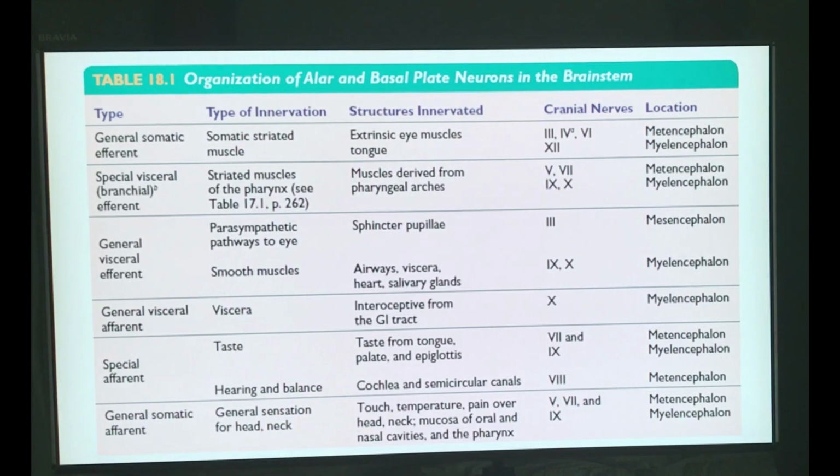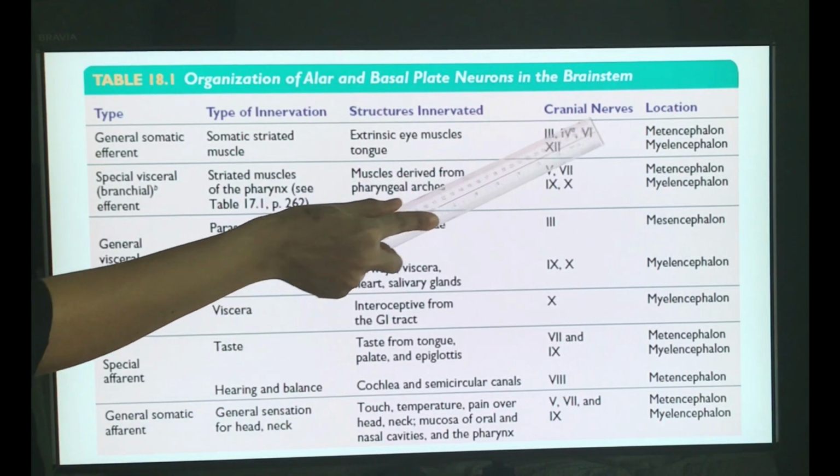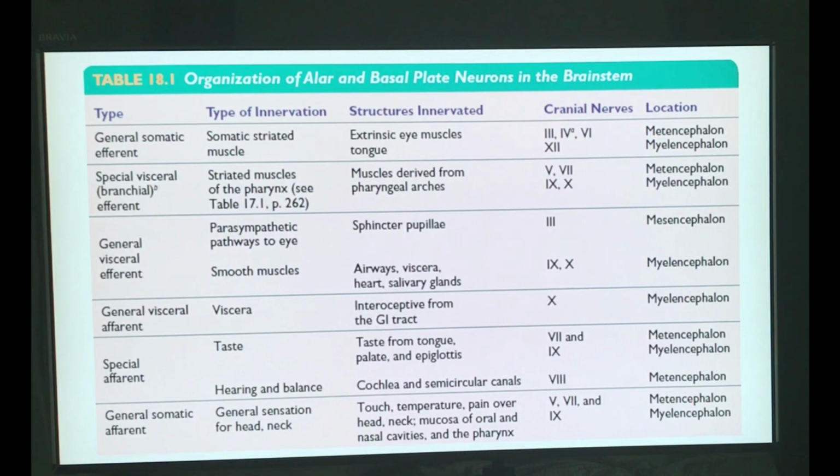So mainly, the 3rd, 4th, 6th and 12th are categorized under general somatic efferent, because they supply the skeletal muscles of the eyeball and the skeletal muscles of the tongue. The extrinsic eye muscles, the eyeball muscles which help in upward, downward, medial and lateral movement, are supplied by the 3rd, 4th and 6th, that is oculomotor, trochlear and abducens.